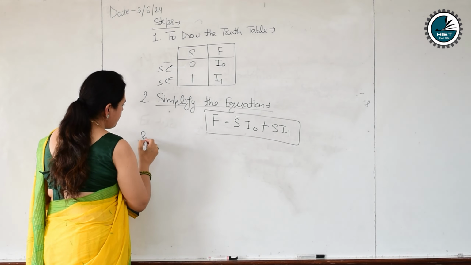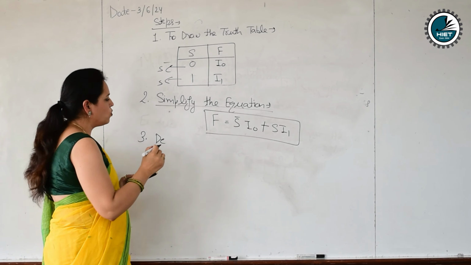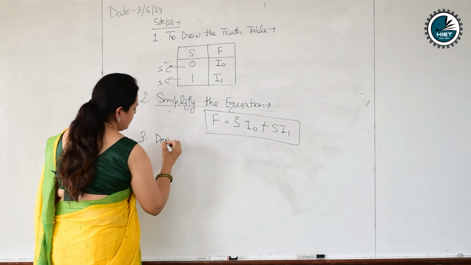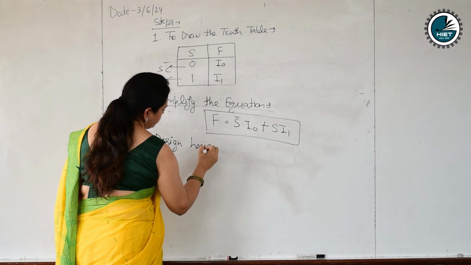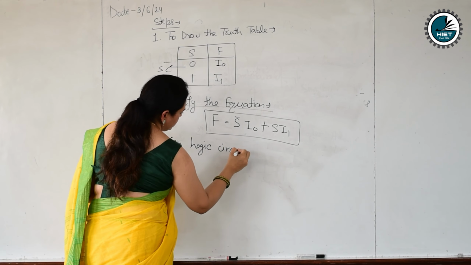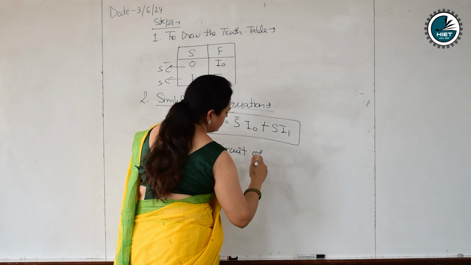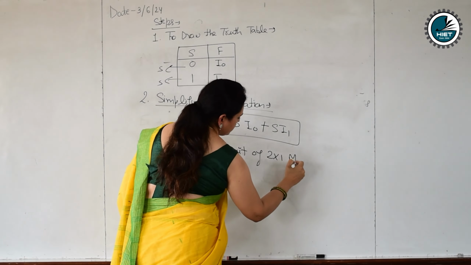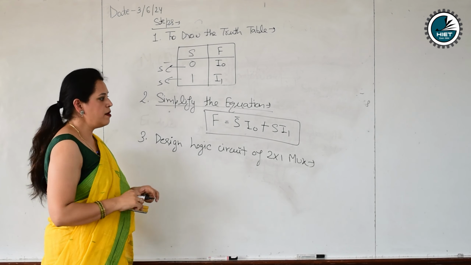Now third and last step, design the logic circuit of the 2 cross 1 multiplexer.